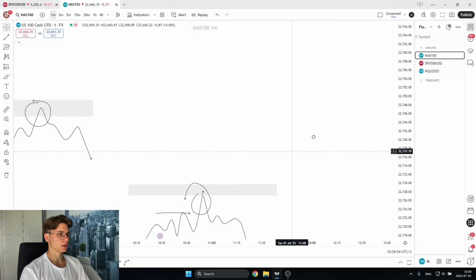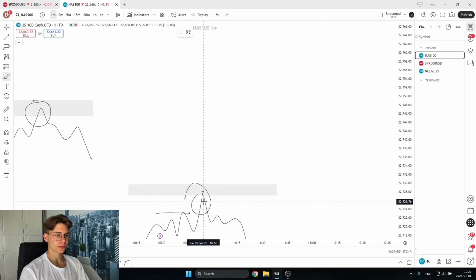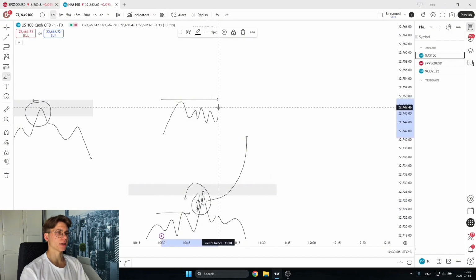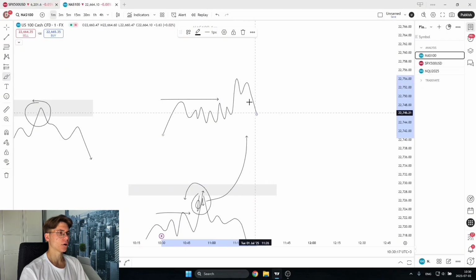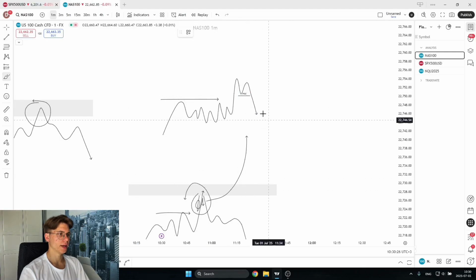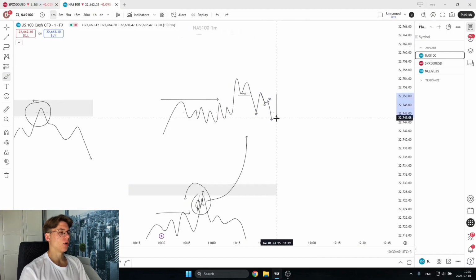Let's get into this deeper. Imagine what I'm looking for at this point. For example, we got that sweep. We get a market structure shift right here, a break of low in this example, then we get a pullback and afterwards two volume candles or a big one.